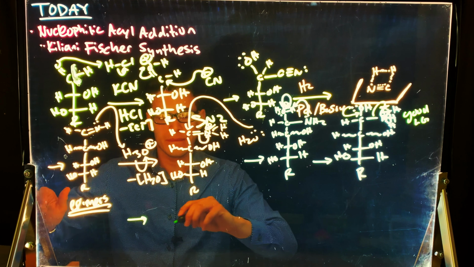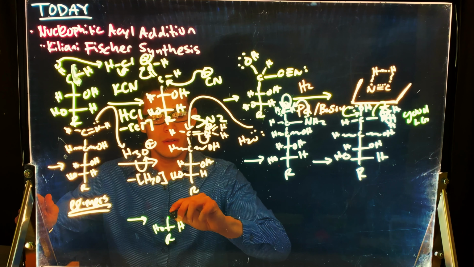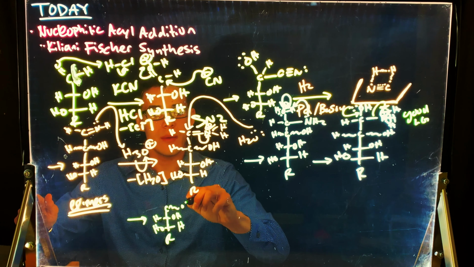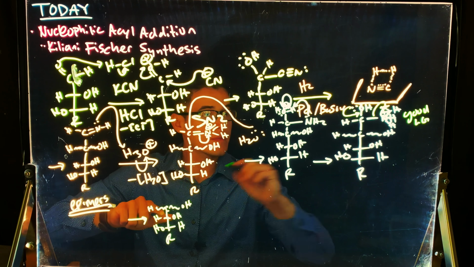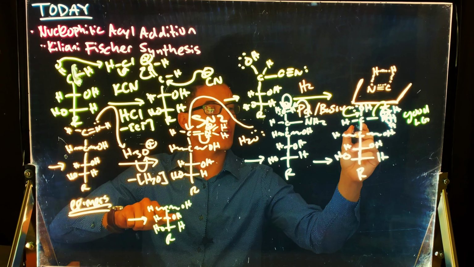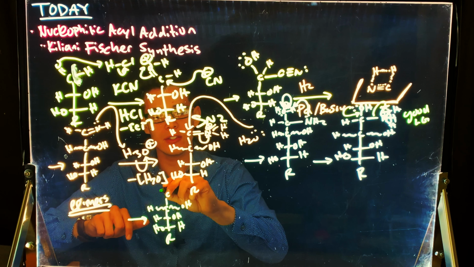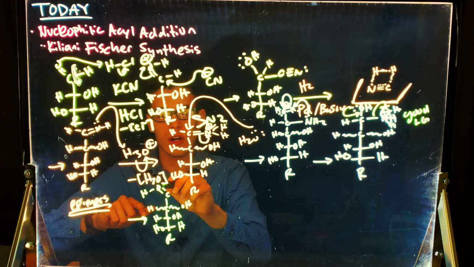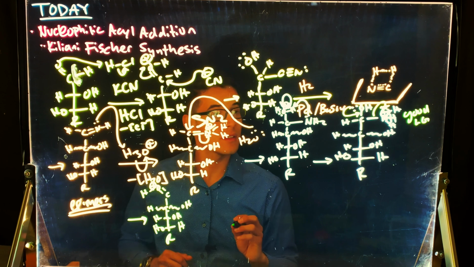So let's see what we get. So here's our R group. Here is our epimeric carbon. We have a C with a double bond. Here's our double bond O with an H. So we know our oxygen is positively charged.